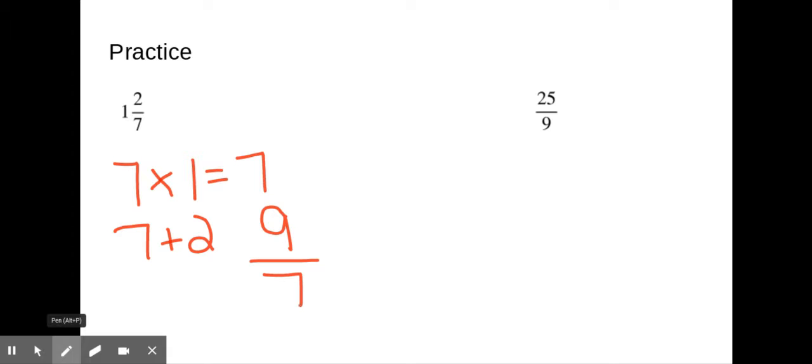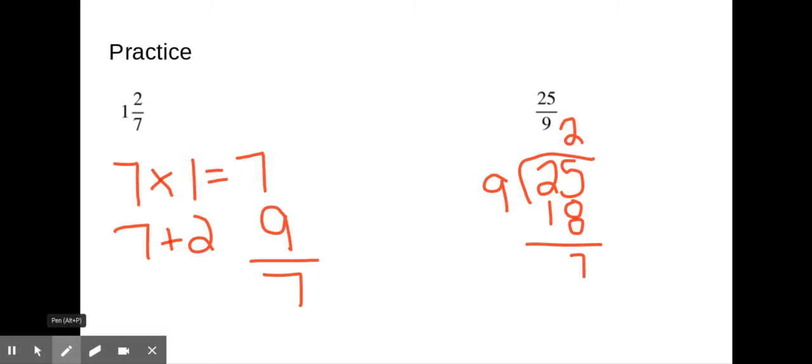Here, I'm going to say, how many times can I divide 25 by 9? Well, 9 can go into 25 2 times. It gives me 18. And I've got 7 left over. So that means I would have 2 and 7/9.